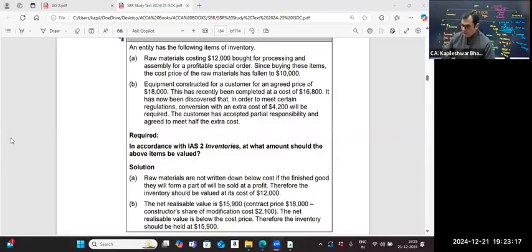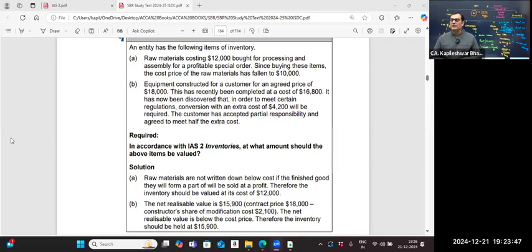Right, I guess you can see the question, right? Okay, don't look at the answer. I'm just going to read the facts to you, and where needed, I'm going to lay a little stress on this as well. It says the entity has the following items of inventory. The first one is raw material. Can you remind me what was the measurement base for raw material? Based on finished goods.